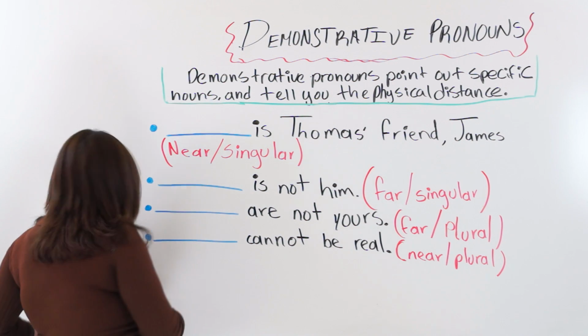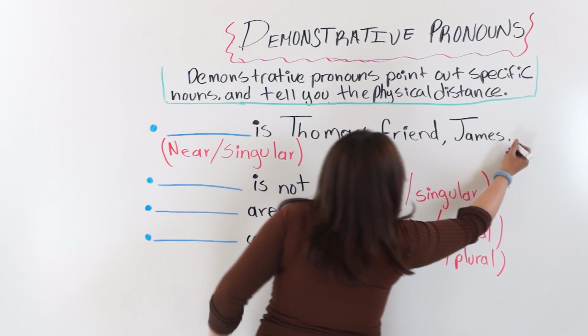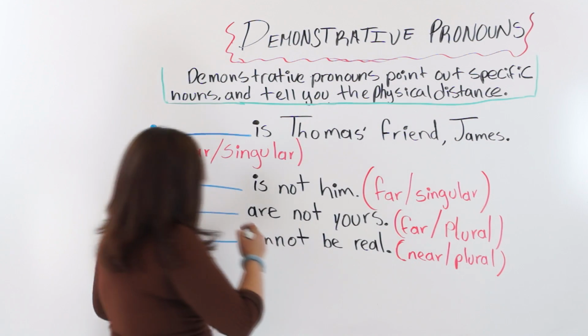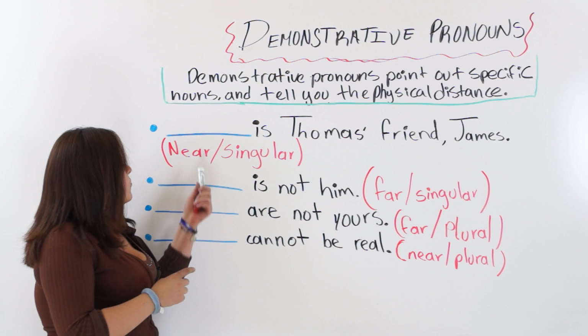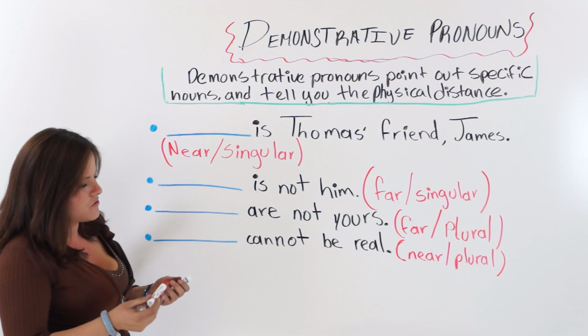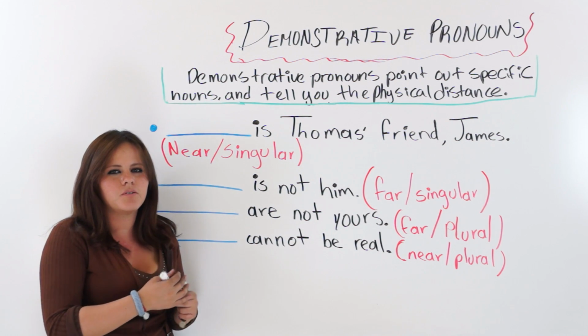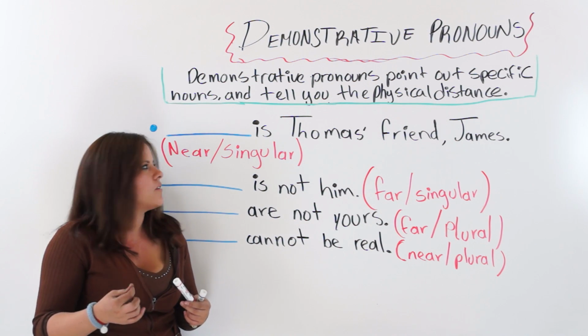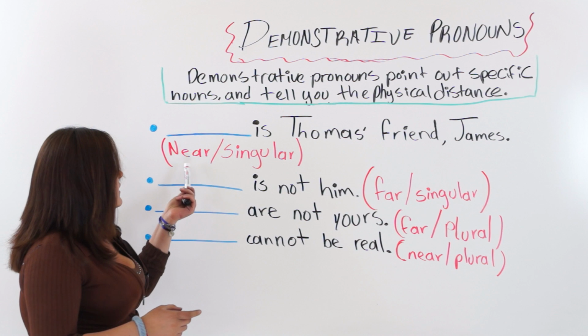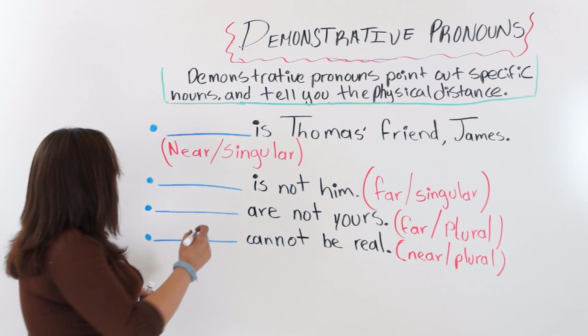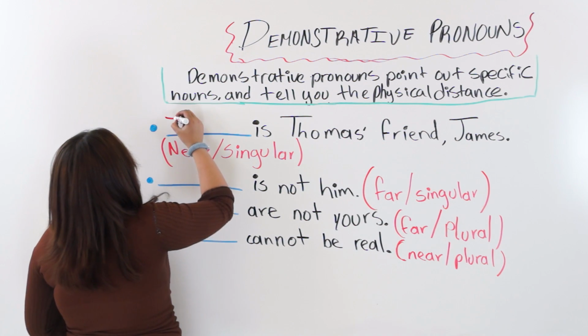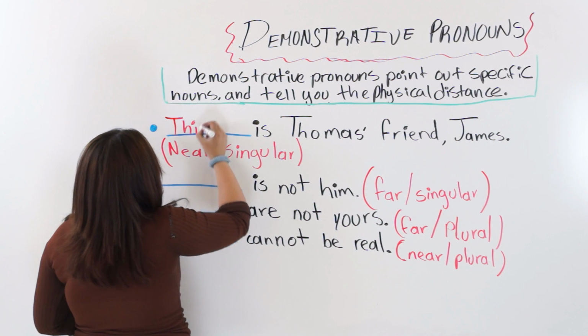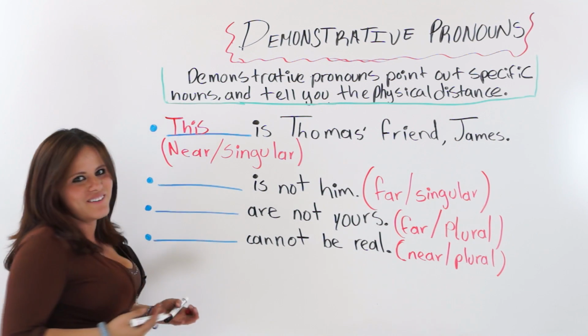And the description here says it is near and it is singular. So which of the demonstrative pronouns are we going to use? This, that, these, or those? If it's singular and it is near, we are supposed to use the demonstrative pronoun this.